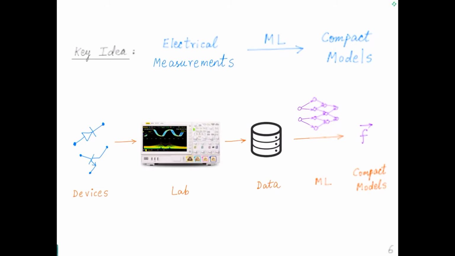So we use lab equipment to measure the parameters of these devices, and we can collect a large amount of data about them. Then the hope is that we can use machine learning techniques on this data to automatically come up with compact models, or at least, if not fully automatically, automate a big portion of compact model development. That is the goal behind this project.